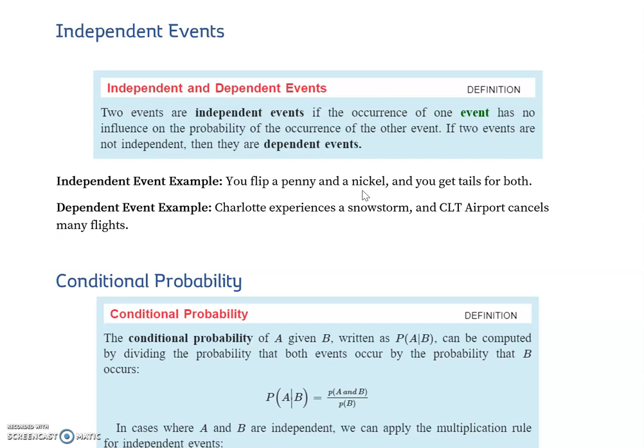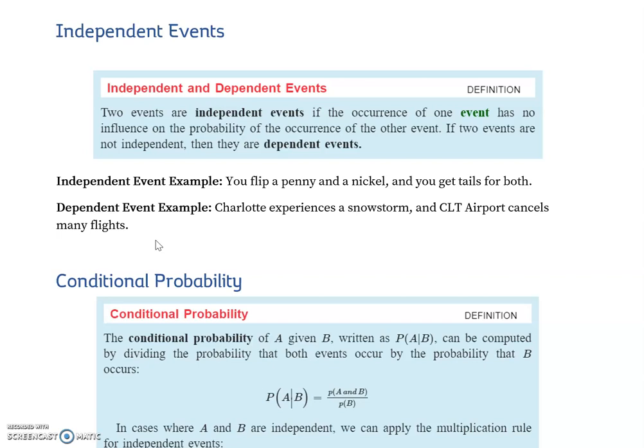If two events are not independent, we call those dependent events. So a little example, and again, this one is more practical, but we can apply probability to it as well. Charlotte experiences a snowstorm and Charlotte Airport cancels many flights. Are there days on which many flights get canceled where there aren't snowstorms? Sure, there's probably some other type of storm or something else going on.